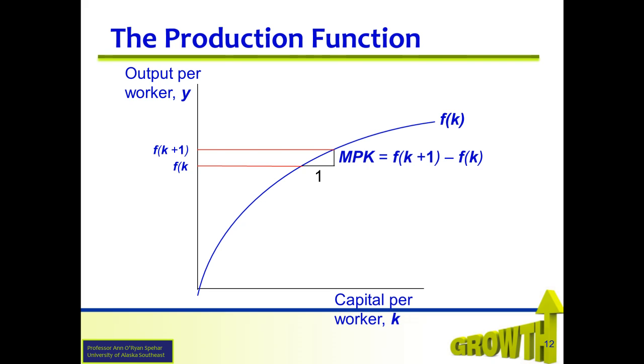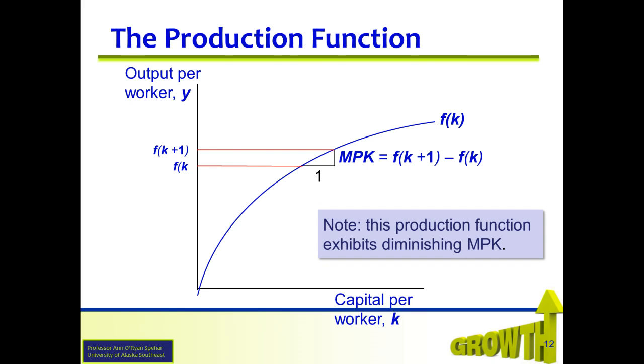The slope is the rise over the run, where the rise is f of k plus 1 minus f of k, and the run is 1, for 1 unit of capital per worker. The function, like most production functions, exhibits diminishing marginal product of capital. That is, the production function is increasing at a decreasing rate.